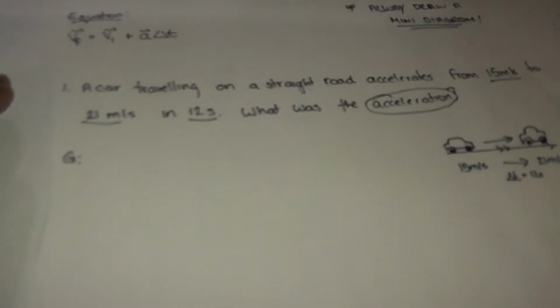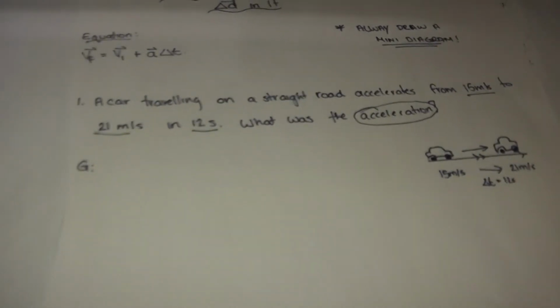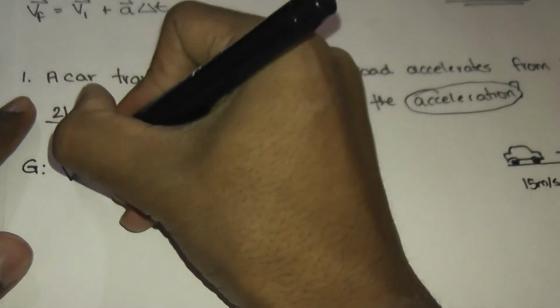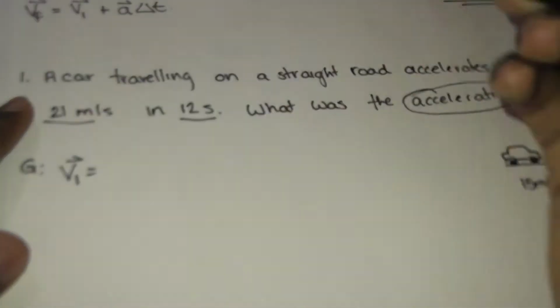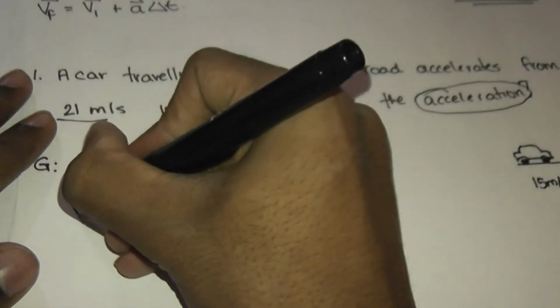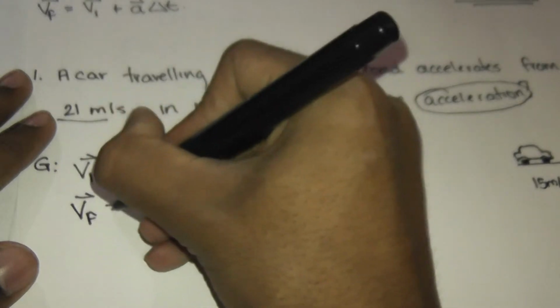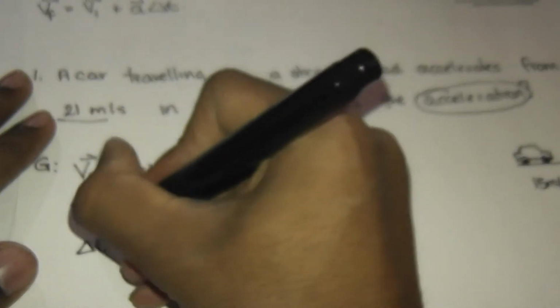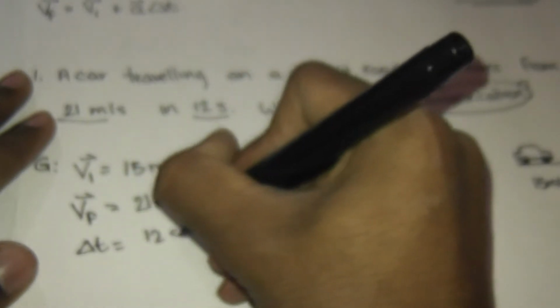So in our given section, I'm just going to write that in. So our VI equals 15 meters per second. Our VF equals 21 meters per second. And our delta t equals 12 seconds.